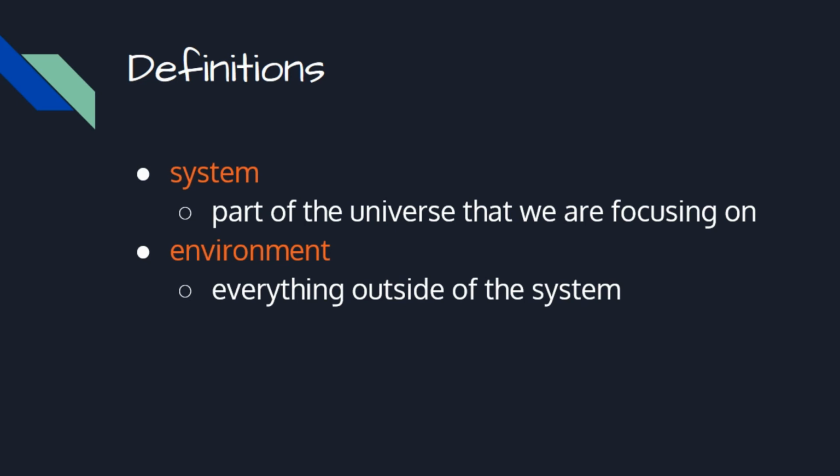But if I define my system as my hand, then everything else is going to be my environment. My headphones, my arm, the table I'm sitting at, the chair I'm sitting on, the planet, the sun, the rest of the universe, right? That's all going to be the environment. So it's very important that we know what is our system, what is our environment.